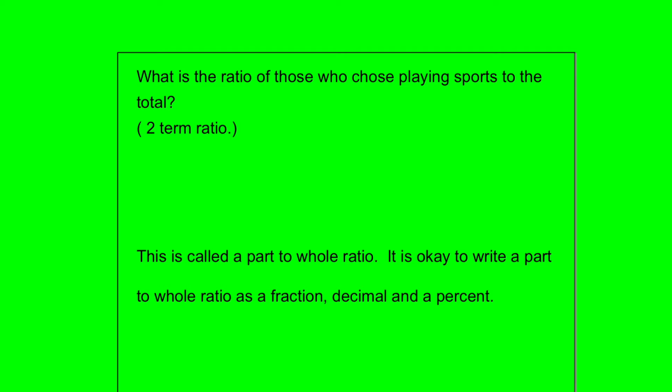And there's a couple of different ways we can write that. We can write it as 8 to 20 like that. Or we can write it as 8:20 like that.